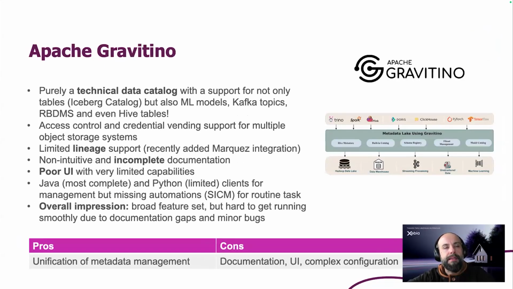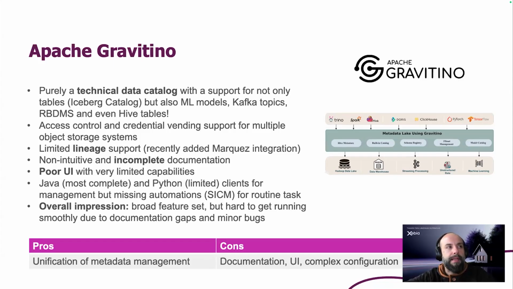Apache Gravitino. This is also mostly a technical data catalog, but it has greater support for other entities, not only tables. It supports models, Kafka topics, Hive tables, or databases, so you can unify the management of metadata across your data landscape.